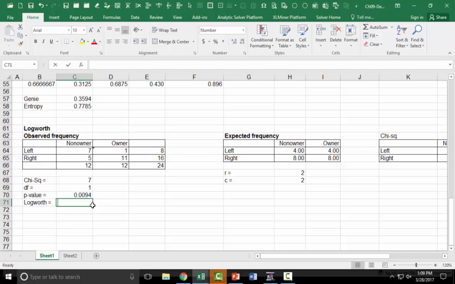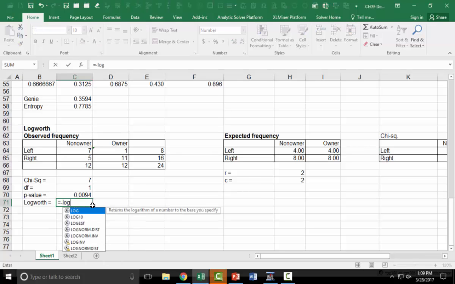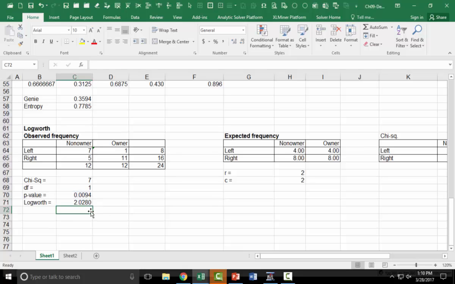And then log worth is minus log of that, to the base 10. So that gives you the log worth. Okay. The bigger the log worth, the better it is. Larger values are preferable.